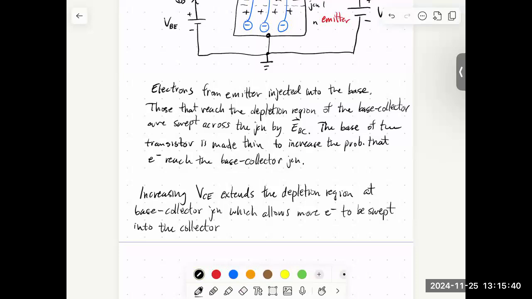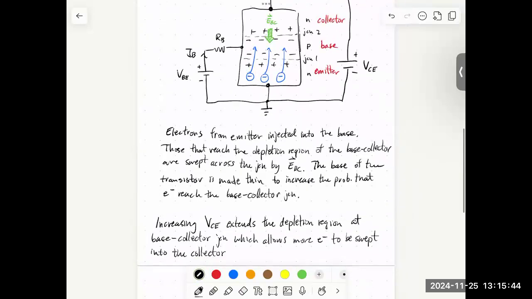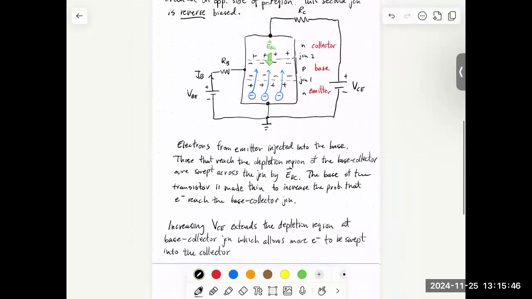And what that will do is, if we look at this picture again, I'm going to label the current going into this terminal as IC.